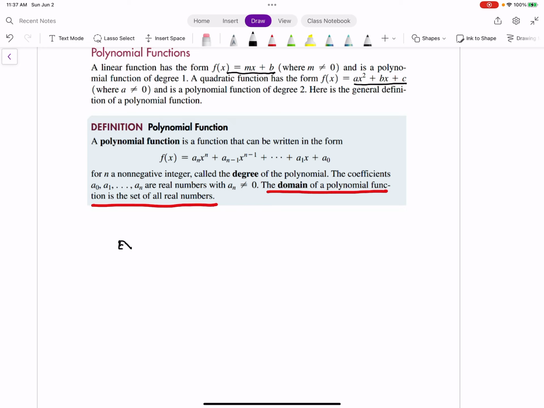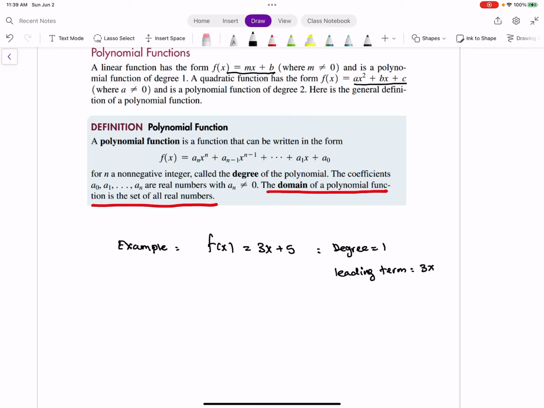Example, let's say a linear function, 3x plus 5. You can see that the degree is 1, and the leading term is the term associated with the degree, which is 3x.